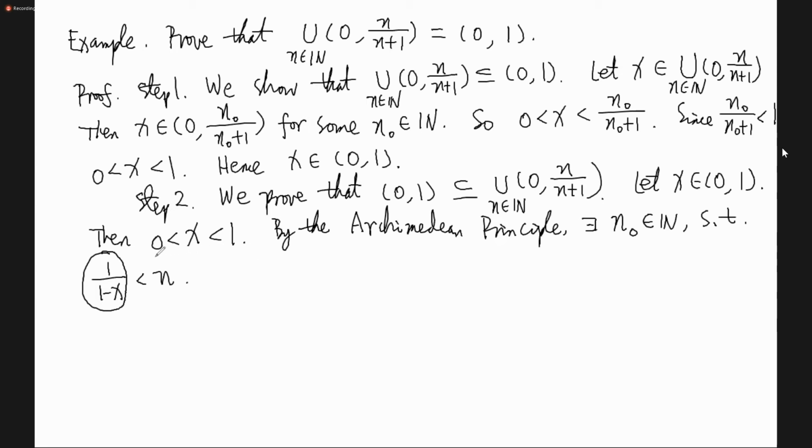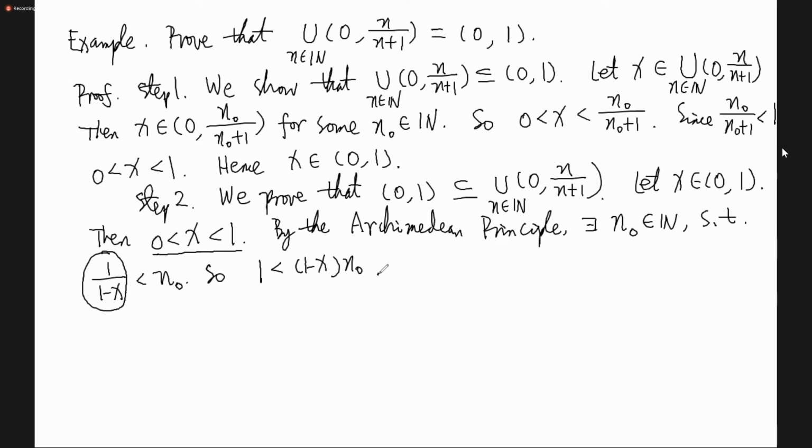Okay, so if you remember, x is less than 1 and greater than 0, so you know 1 minus x is a positive number. So what you get is, if you multiply by 1 minus x, 1 is less than 1 minus x times n0.